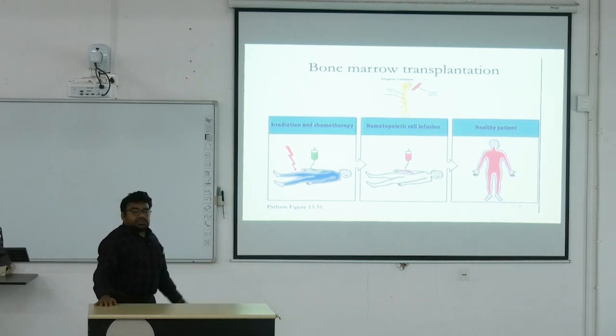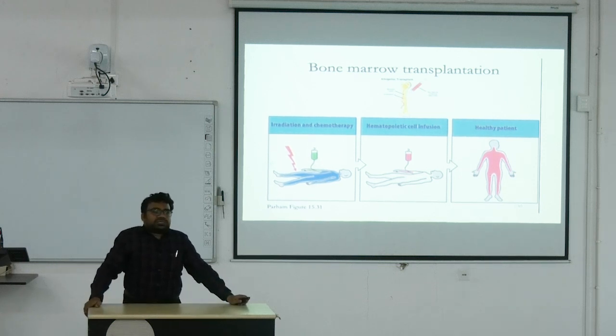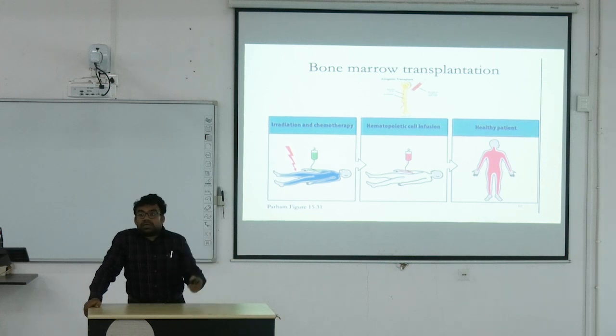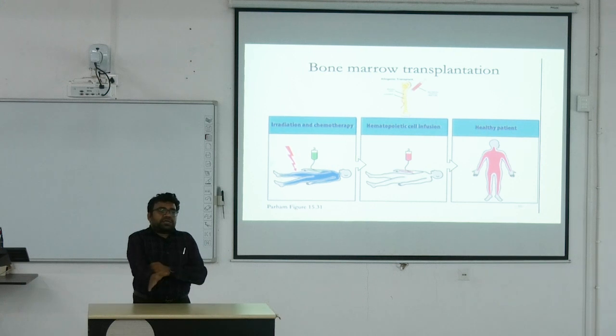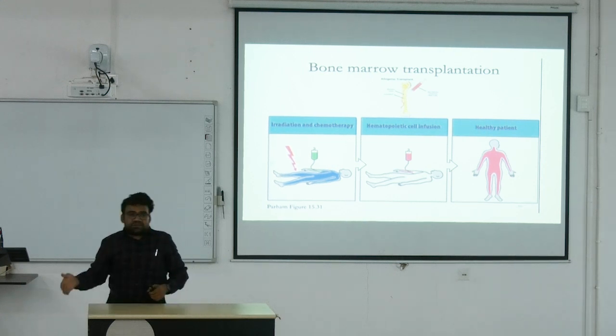The problem over here is, now the recipient does not have any immunological cells. All the immunological cells are coming from the donor. These cells will now act on the recipient's body. Earlier, the recipient's immune system was acting on the graft.